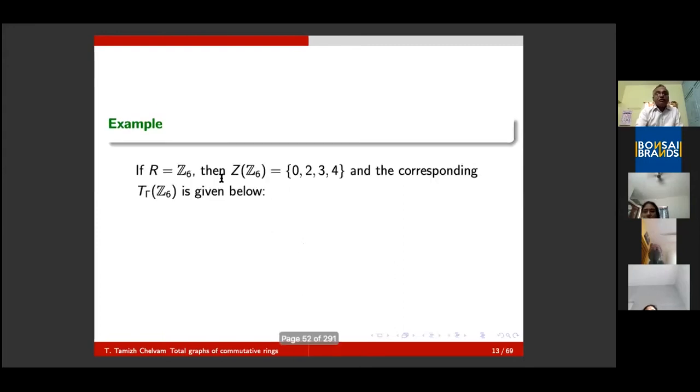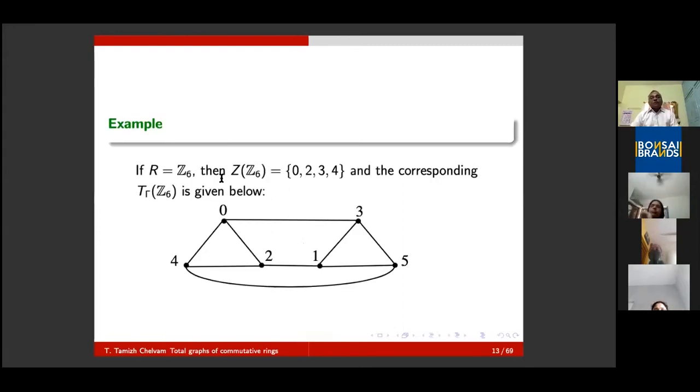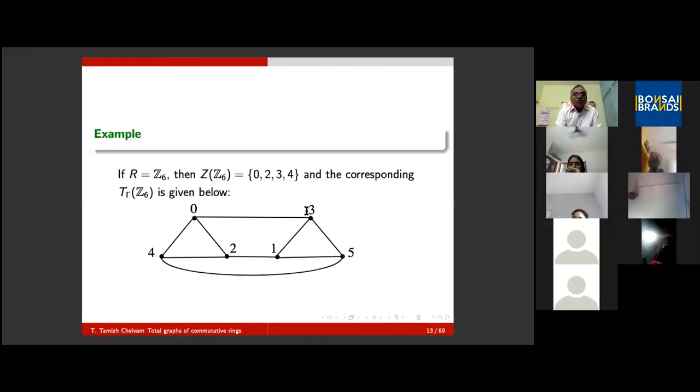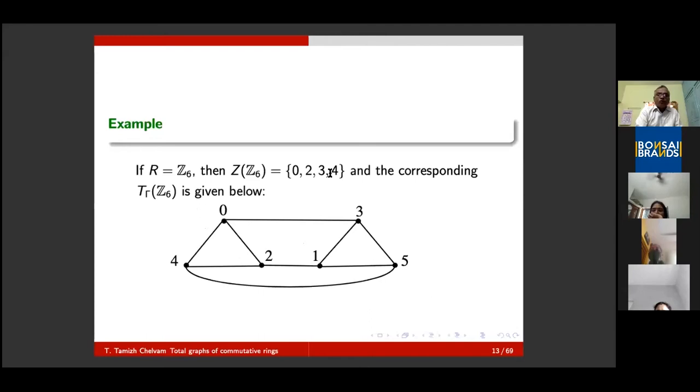Of course, consider another example. Z6, where the zero divisor set is 0, 2, 3, 4. I have plotted all the elements here: 0, 1, 2, 3, 4, and 5. Please look at the edges. 0 plus 2 is 2, 1 plus 3 is 4, 3 plus 5 is 8, modulo 6 it is 2, 5 plus 4 is 9, modulo 6 it is 3.